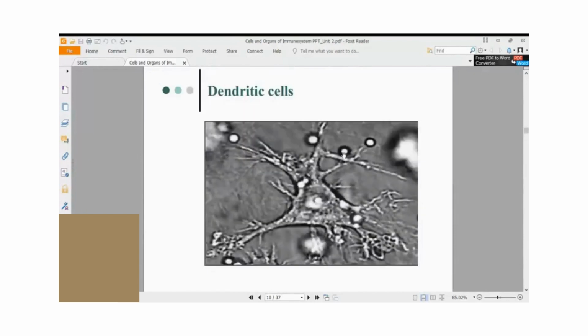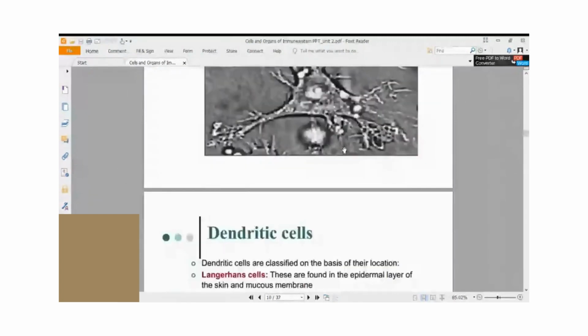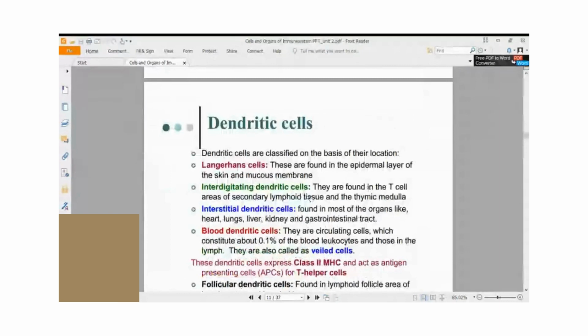So the dendritic cells, like macrophages, can reside in different tissues, and depending on which tissues they reside in, they have been classified. Those dendritic cells present in the skin layer, that is in the epidermis of the skin: skin has two layers. One is the epidermis, a thick upper layer.